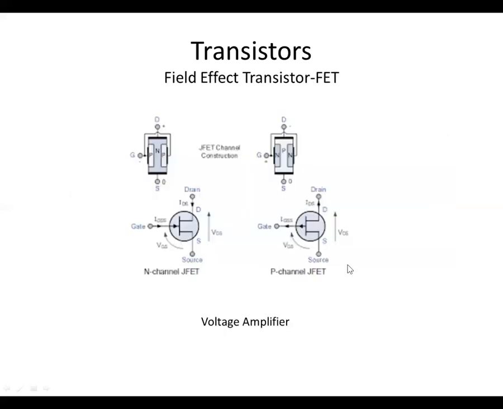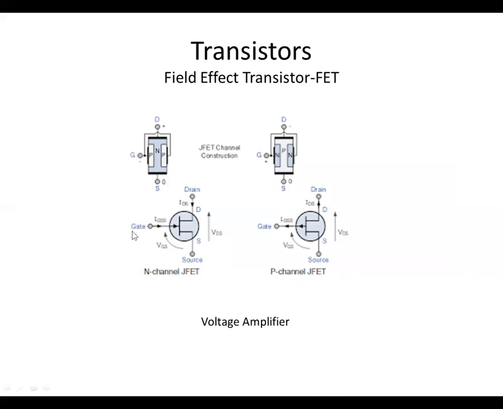The other type of transistor that we need to consider is called a field effect transistor, or an FET. So we've got the BJT, bipolar junction transistor, and the FET, a field effect transistor. And the big difference between this and the BJT is that this transistor is a voltage amplifier.